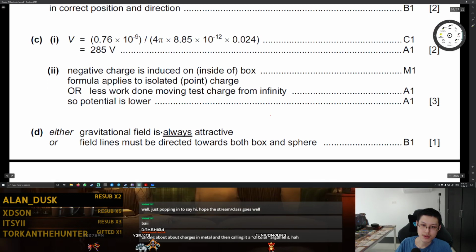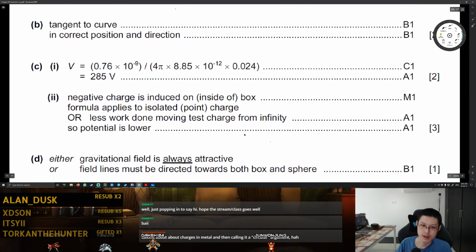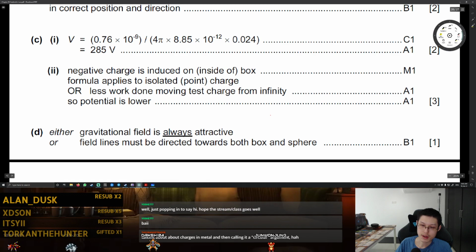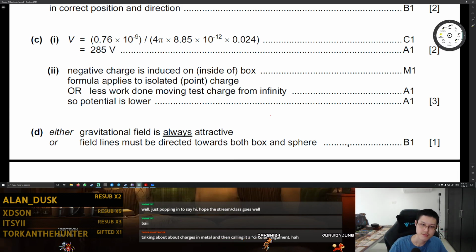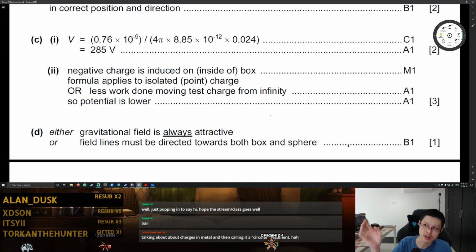Because the gravitational field is always attractive. So the field lines must be directed towards both the box and the sphere. Okay, but for the diagram that we just did, one is negative, one is positive, so the field lines go from the center to the box.